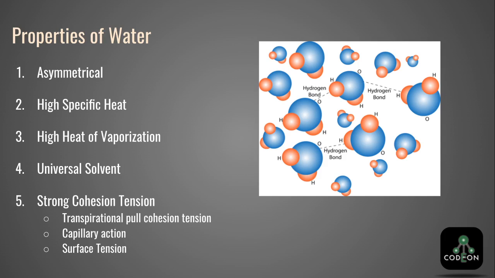And moving on, we have high specific heat. What this means, first let's define what specific heat is. It's essentially the amount of heat that a substance has to absorb to increase the temperature of 1 gram of that substance by 1 Celsius. And water, it turns out, has a high specific heat. And why is this important?